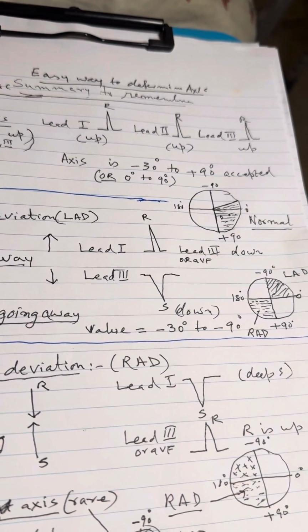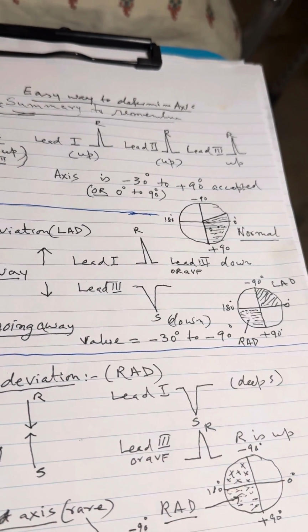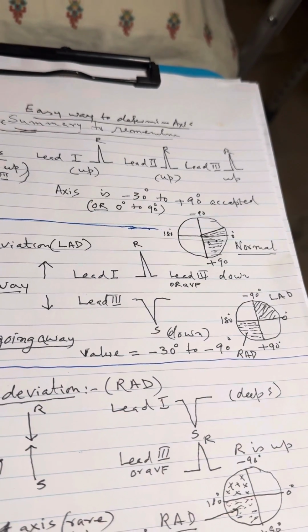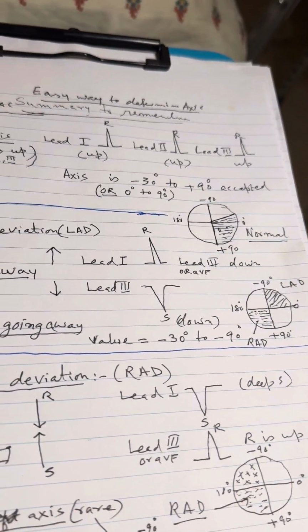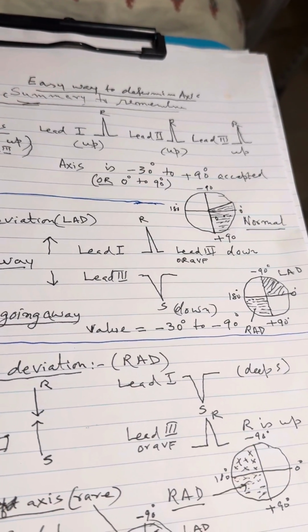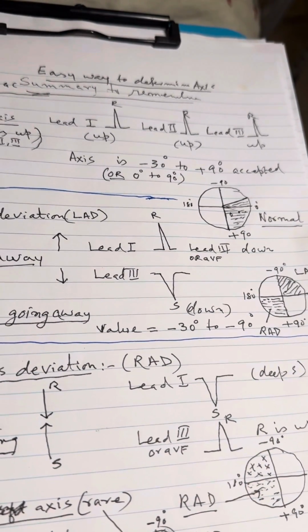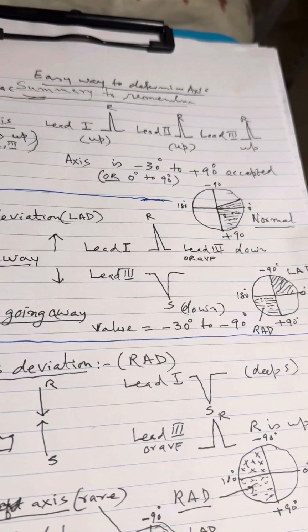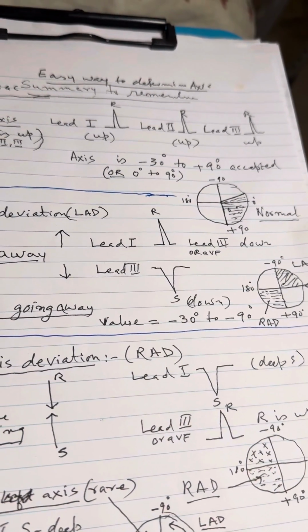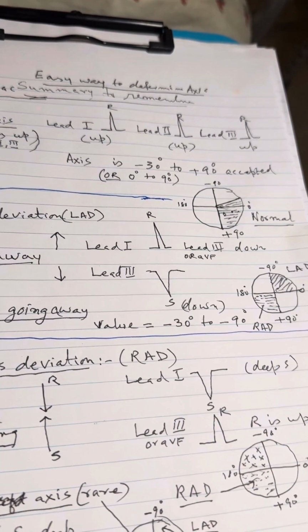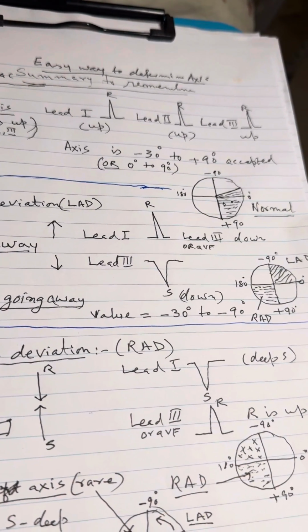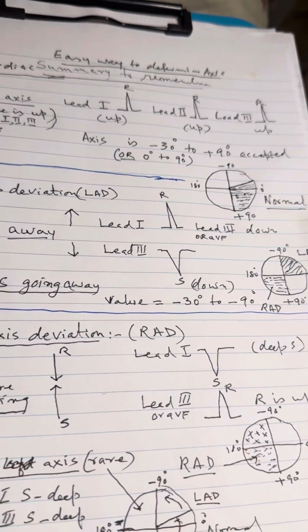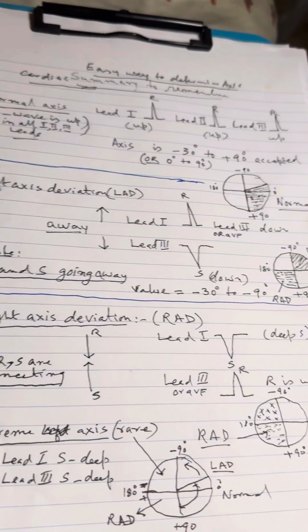Another view is that normal axis is from 0 to plus 90. I think the first one is more acceptable or safe. So minus 30 to plus 90 is the normal range of axis.